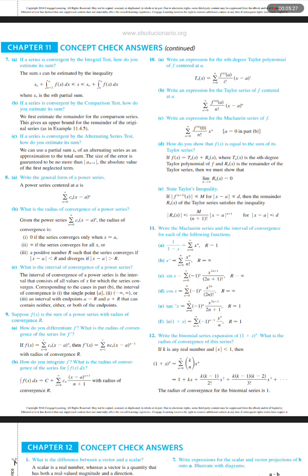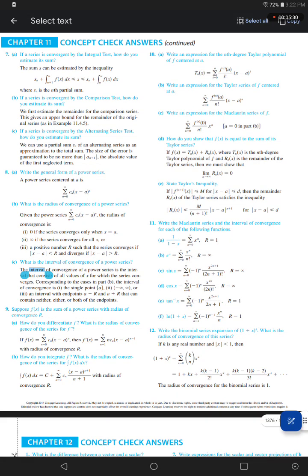Write an expression for the nth degree Taylor polynomial of f centered at a.